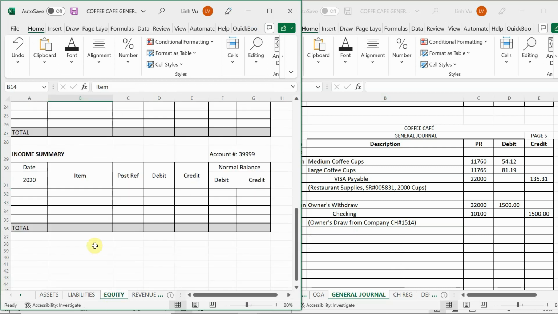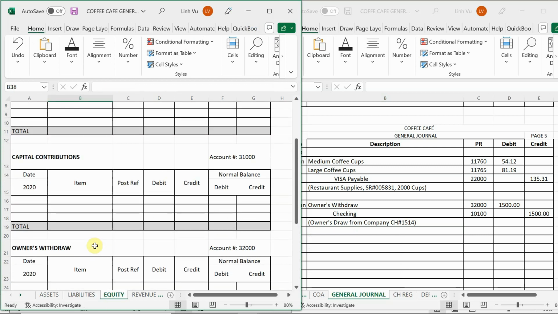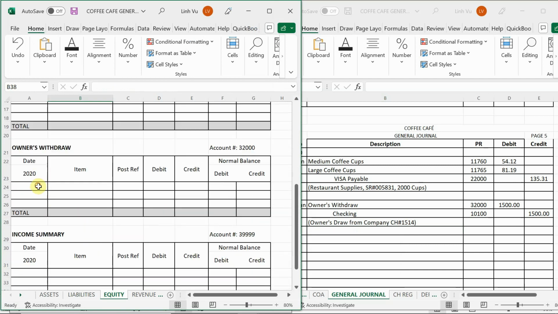Okay? To update that, so we have an owner's withdrawal here for the 14th. Right? Whatever his reason is for taking the money, that's up to him. Okay, for the $1,500.